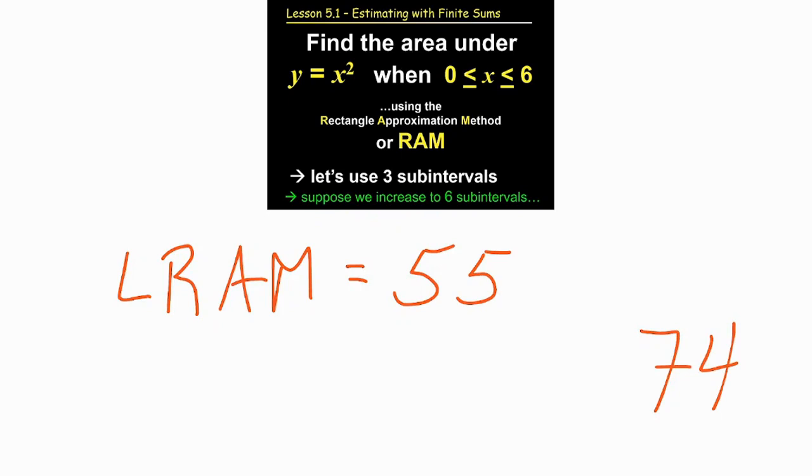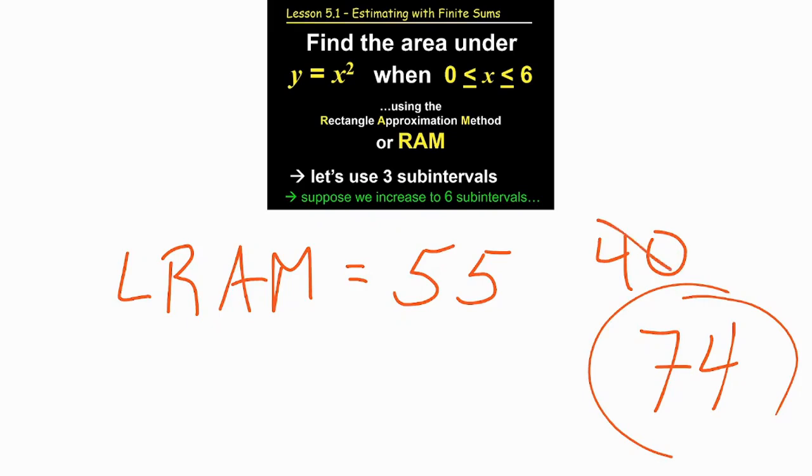If you compare it, of course, to the original number that we had of 40. Now, again, nobody's saying that 70 is the right answer, but we are saying that it's probably a better answer than 40, and we're noticing that 55, of course, is getting closer to that better answer. But it should, because we have more rectangles. We increased the number of subintervals, which in effect decreased the amount of wasted space.